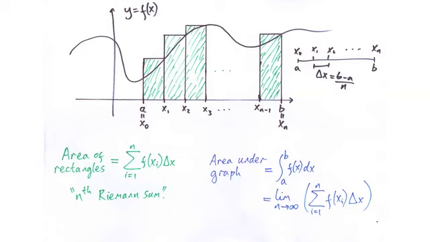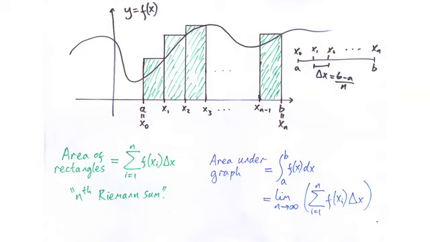So then that's an approximation to the area under the graph. As I increase the value of n, these rectangles are going to get thinner and thinner, and the approximation is going to be better and better to give me the actual area under the graph in the limit as n goes to infinity. So that's what's written in the bottom right.